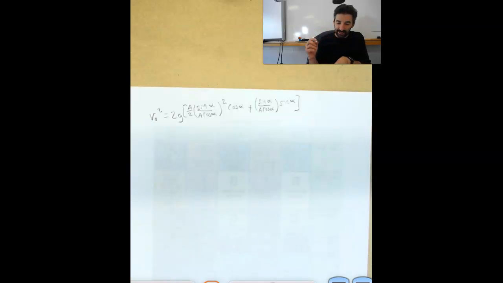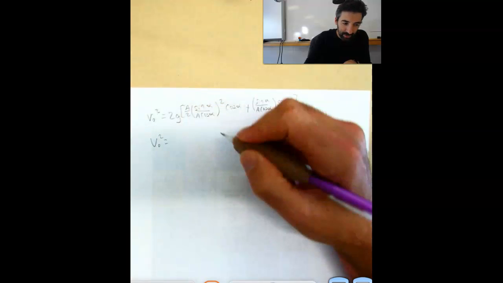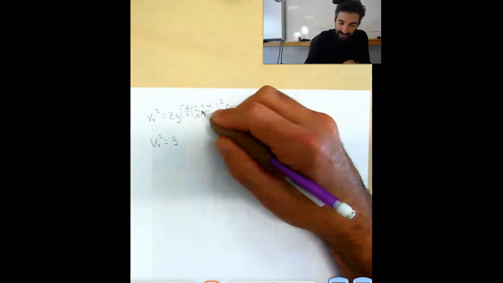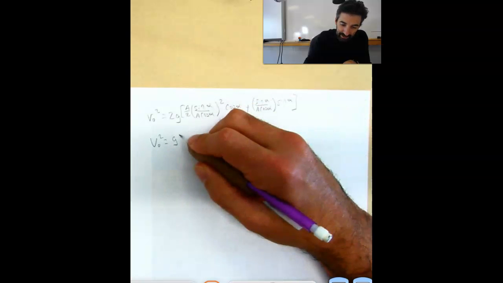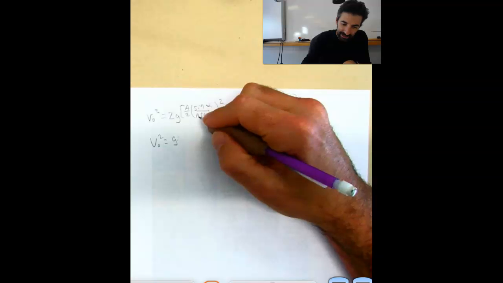I can cancel out, bring that through. That'll be v naught squared equals, the 2 is going to cancel. That goes with that. That's easy. So now I'm going to have a g out there. I'm going to have a sine squared, g times a. We're going to have a g, a squared, and a.